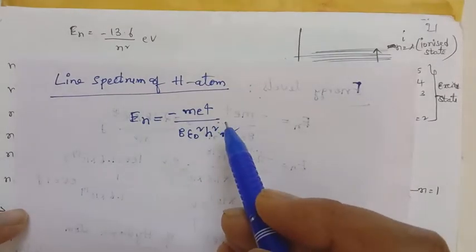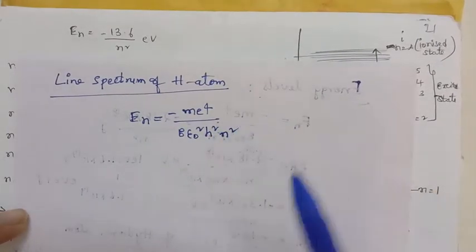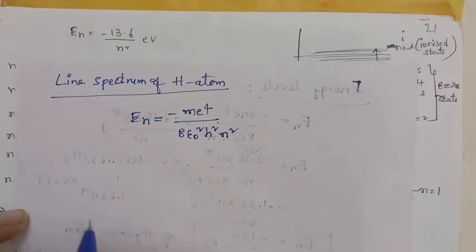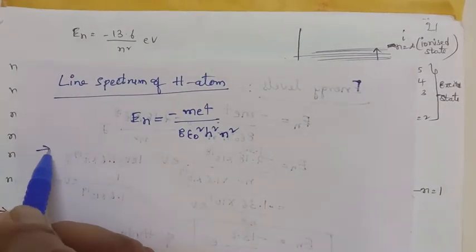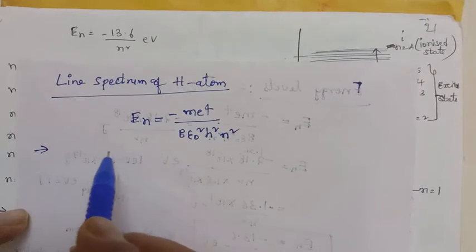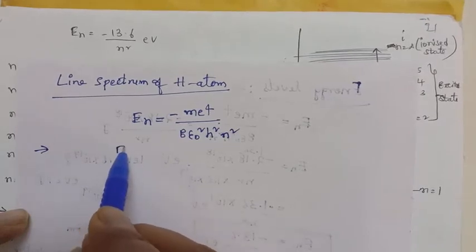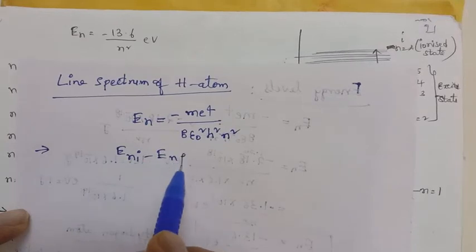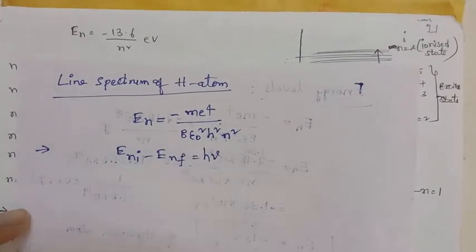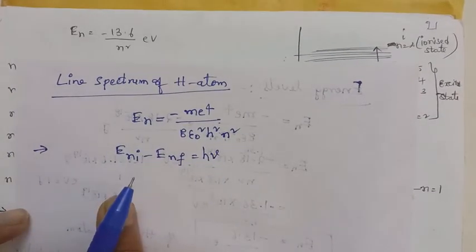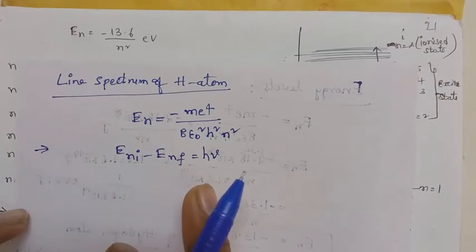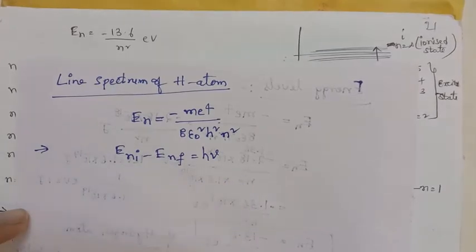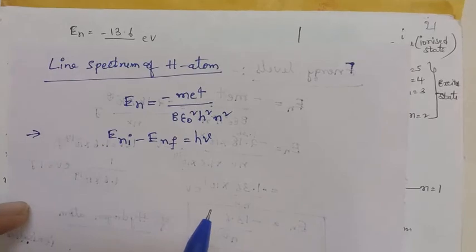You have to remember this equation by practice only. So it is En. And what is Bohr's third postulate? E ni minus E nf is equal to h nu. The energy difference is nothing but the emitted energy of the photon.